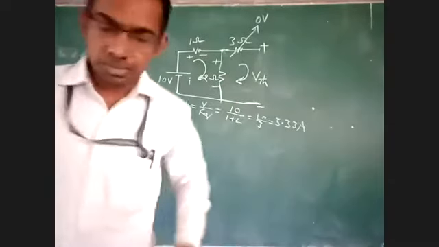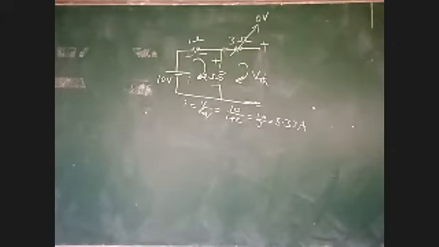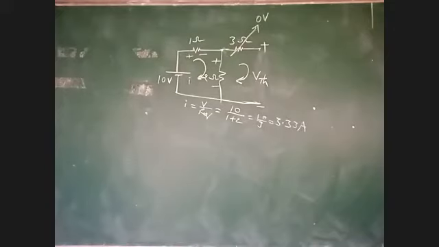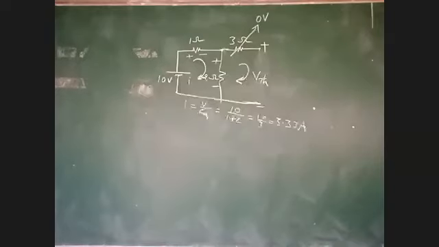Write down the note: take one reference direction in the loop where VTH is present.